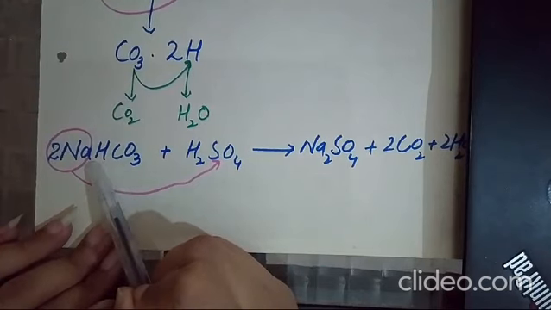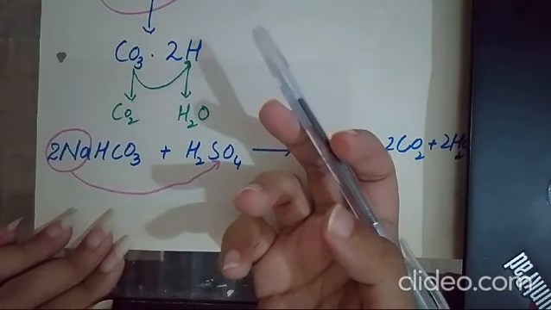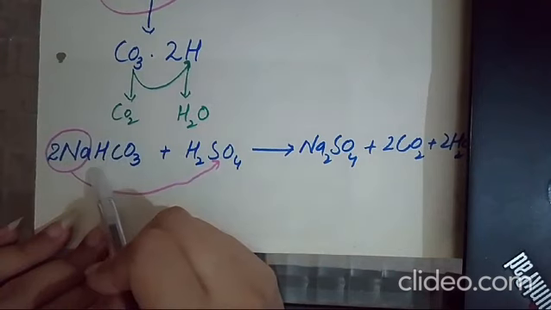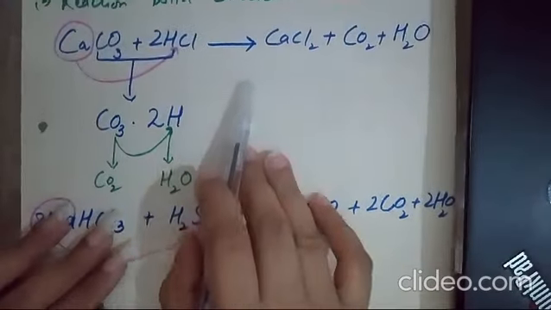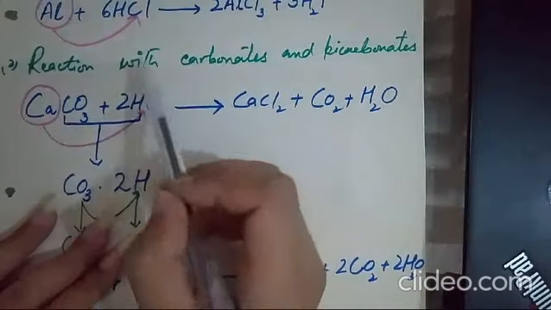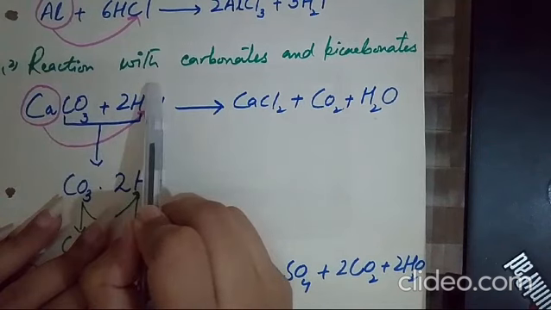Whenever a compound with carbonate has bi, like sodium bicarbonate, calcium bicarbonate, you always see that hydrogen is present in the compound. So the presence of H in carbonates shows a bicarbonate compound, whereas when there is no H, it will be a simple carbonate. So CaCO3 and HCl is an acid.